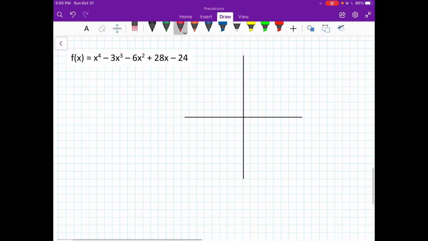All right, our last one. Again, it's not factored, so we're going to go ahead and have to factor this. We're going to do C over D. We do notice that the leading coefficient is 1, so C over D is just going to be C. 24, of course, has a lot of factors.